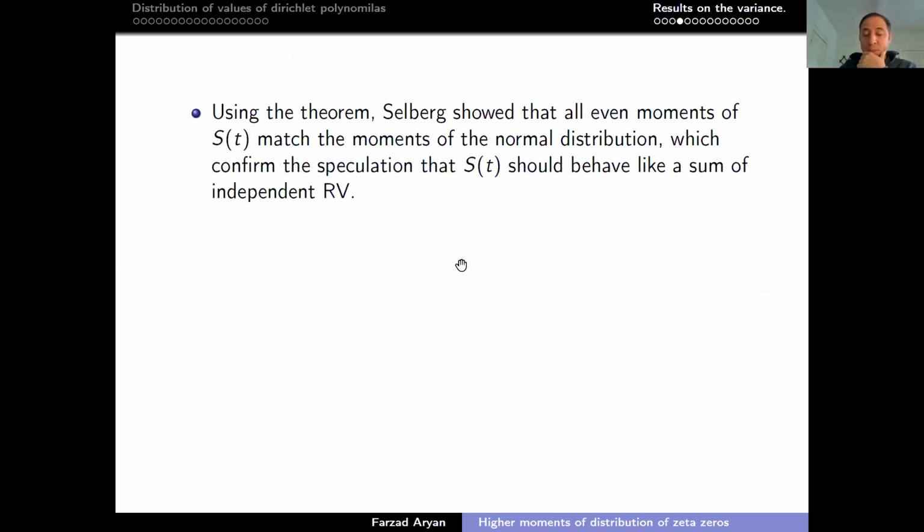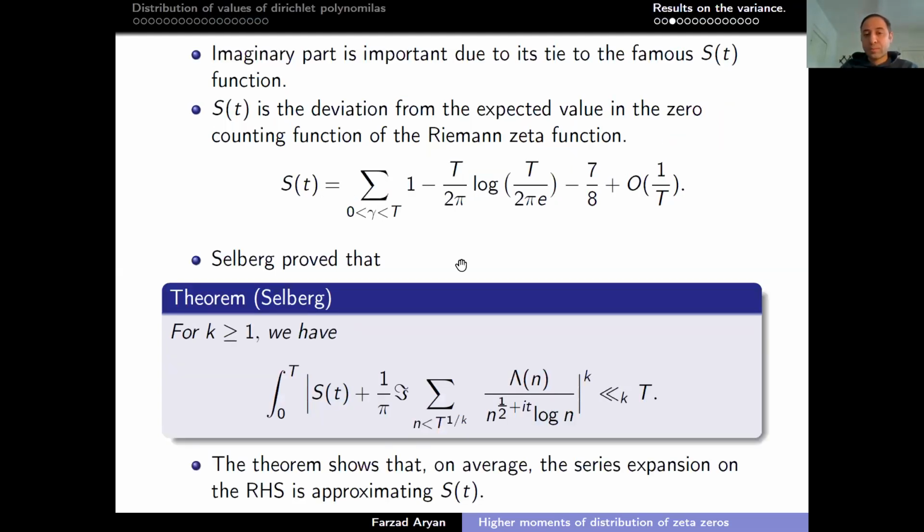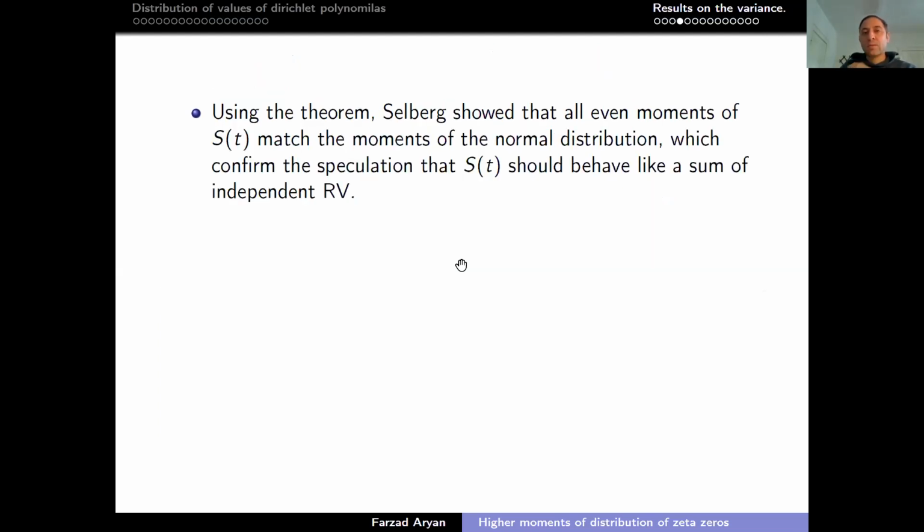So using this theorem, Selberg went on and showed that higher moments of S of t match the moments of the normal distribution, the Gaussian distribution, which, if you pay attention to the speculation I mentioned, does to some level confirm it. It's a very genius method. There are tons of parts; you put tons of pieces together to get to that.